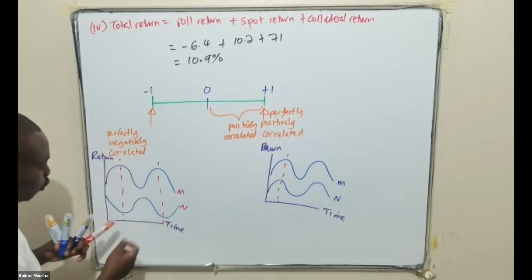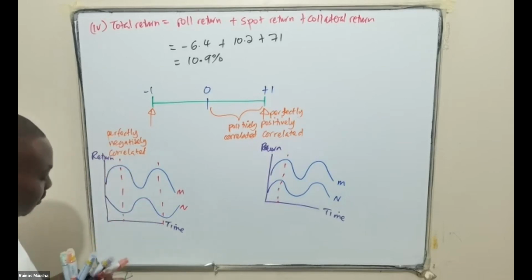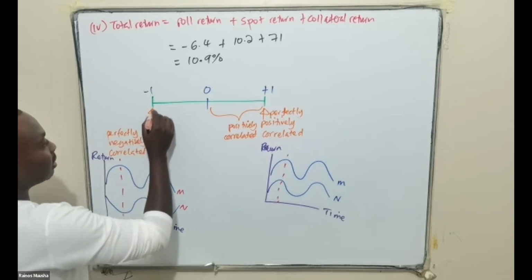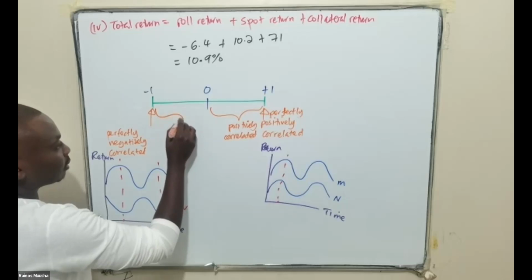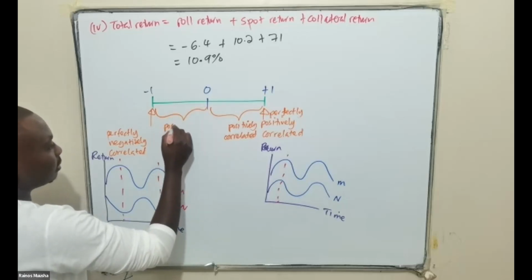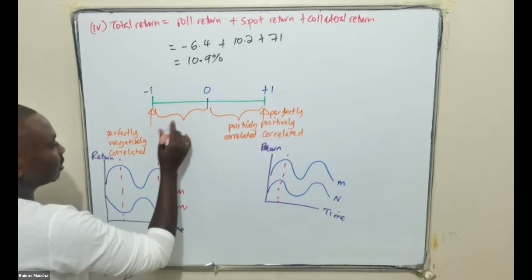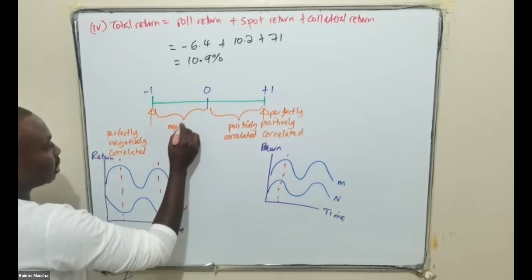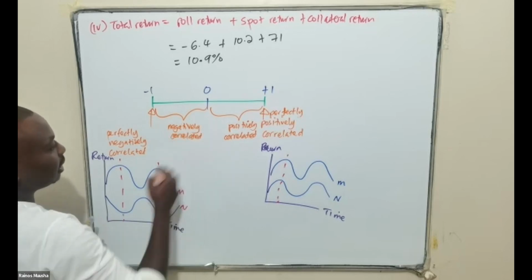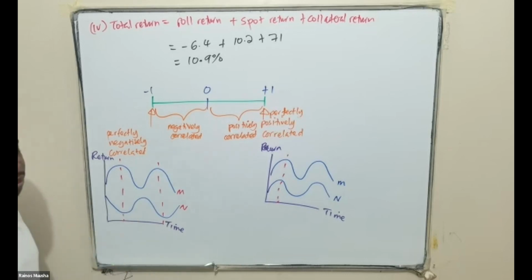But they're not always going to be exactly like that. If the correlation coefficient is between -1 and 0, we just simply say they are negatively correlated. So we say the assets are simply negatively correlated.